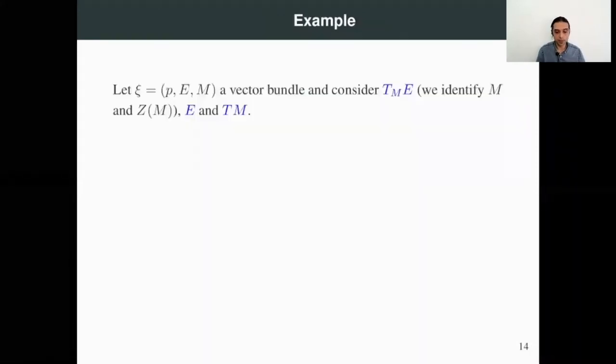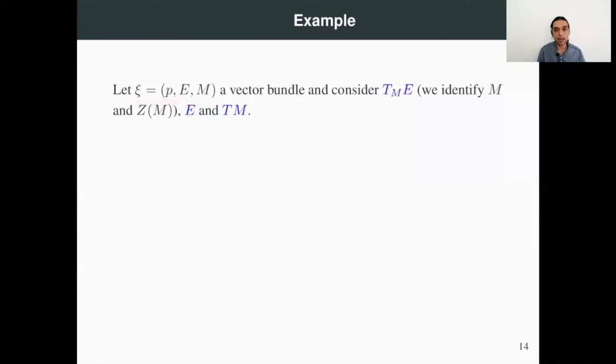Now let us consider an example. So let psi be a vector bundle, and we're going to consider the restriction of the tangent vector bundle of E to M, right? And we are going to identify M with the zero section of the vector bundle psi.